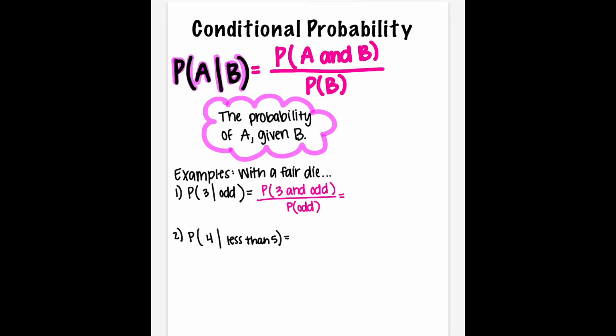Well, what's the probability that you roll an odd number? Out of all the possibilities for rolling an odd number, how many of those would also be a 3? The odd numbers are 1, 3, and 5, so there are 3 possibilities for rolling an odd number. But how many of those are the number 3 and odd?